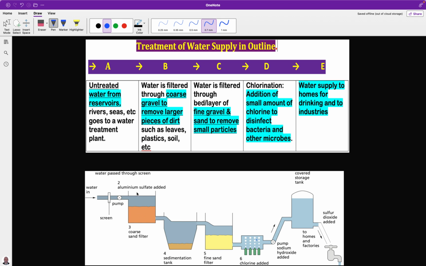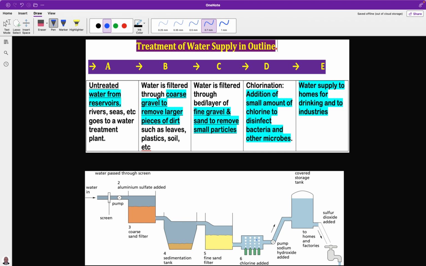Here, the first thing that takes place is what we call filtration. So untreated water from reservoirs, from rivers, from the sea, goes into a water treatment plant.